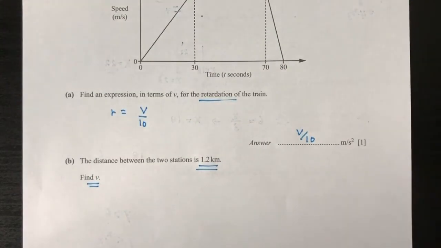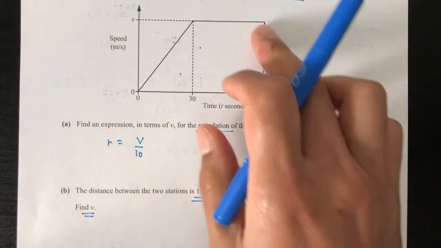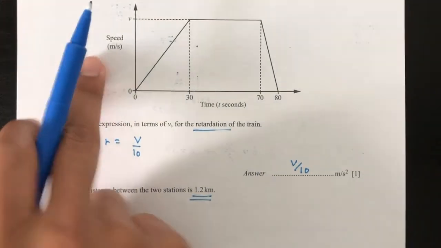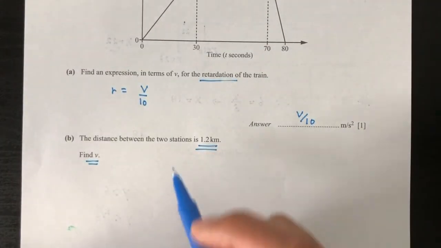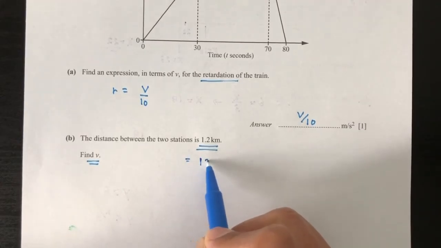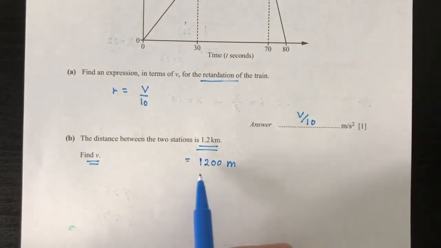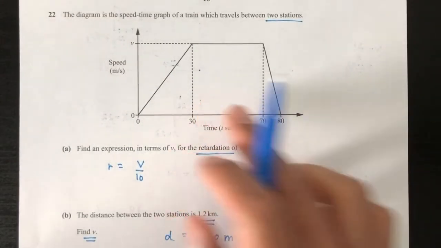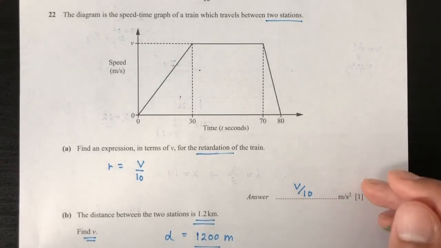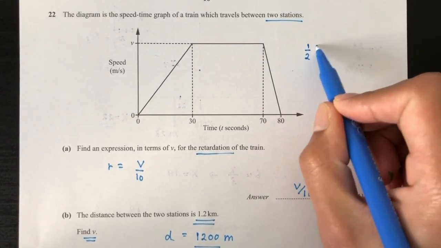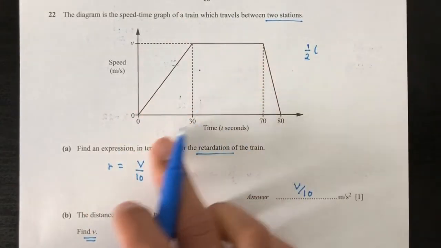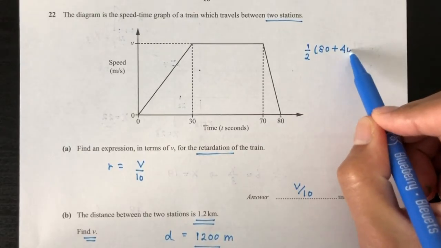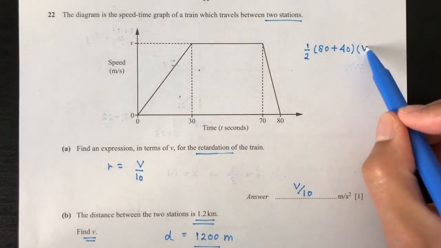Distance travelled is definitely the area under the graph, so we use that to find the value of v. Here we have meters per second, so we first convert km to meters: multiply by 1000, you will have 1200 meters. This is a trapezium. How do you find the area of a trapezium? Half times the sum of parallel sides, that will be 80 plus 40, times the height in between, that will be v.